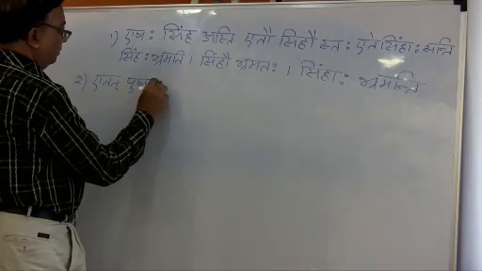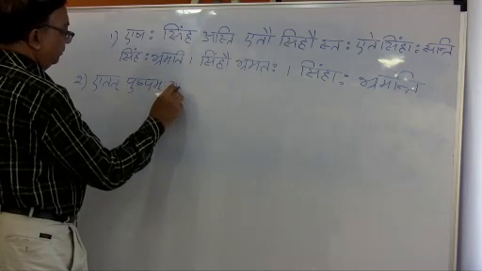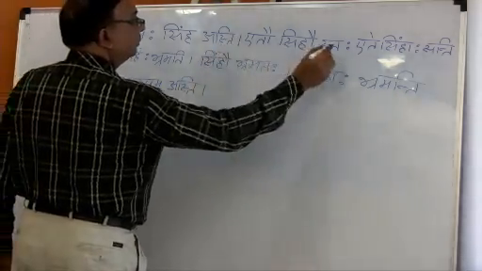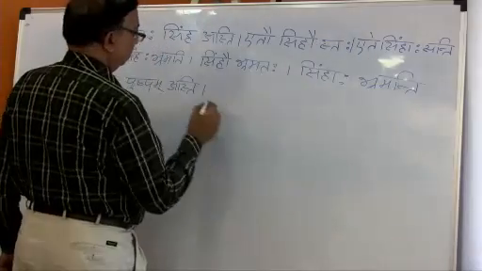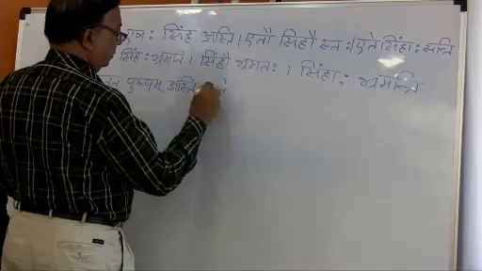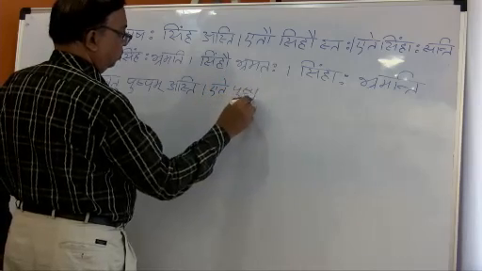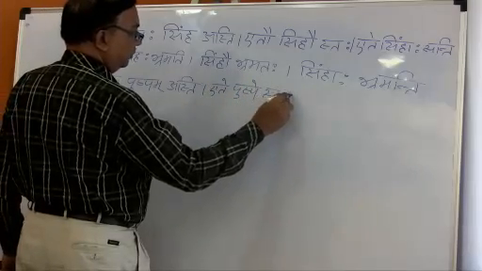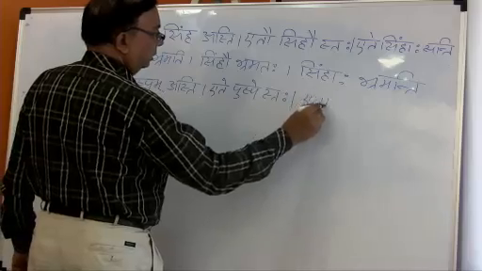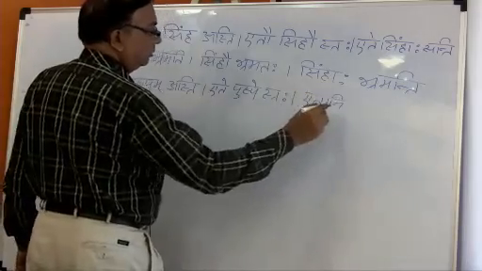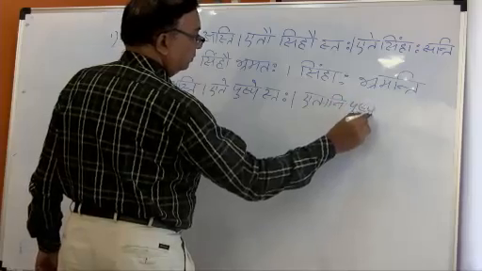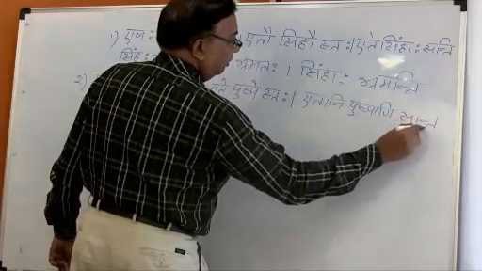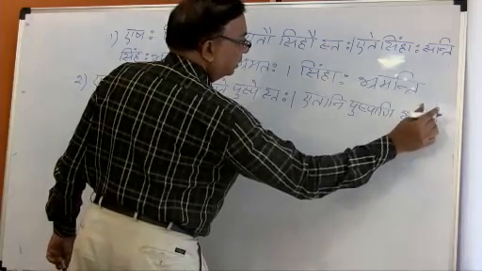So here when vowel comes, you have to write out this pushpam asti. Then ete pushpe stah. Etani santi. Watch, the verb is always same for all the subjects.